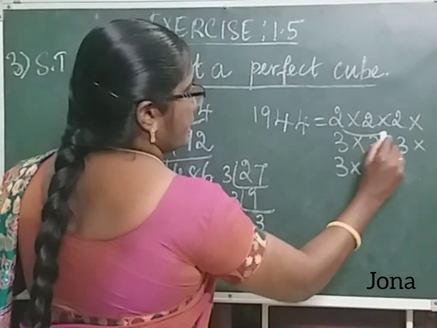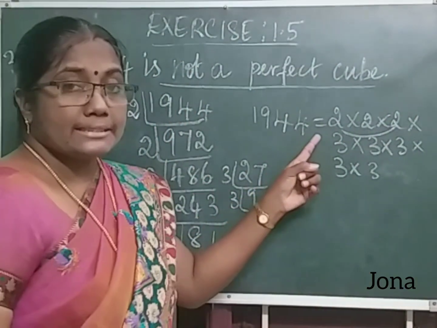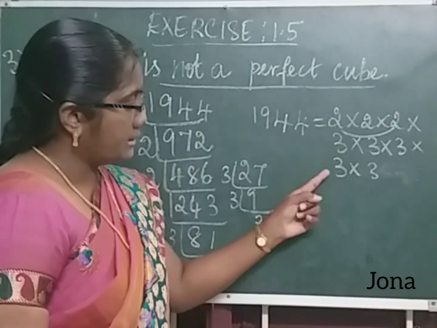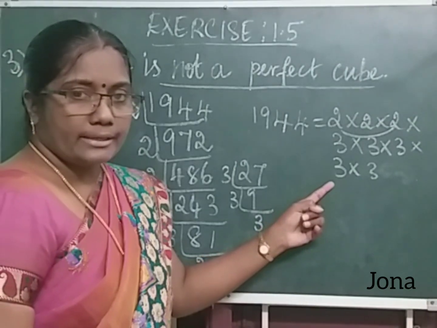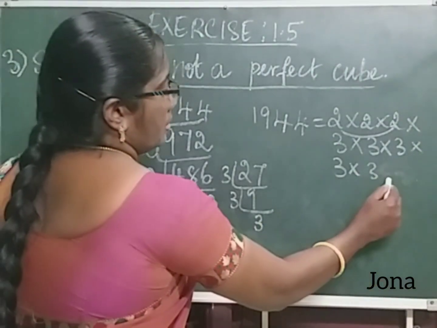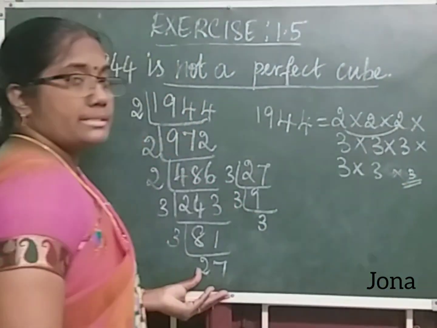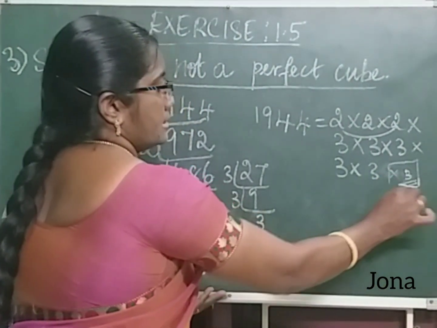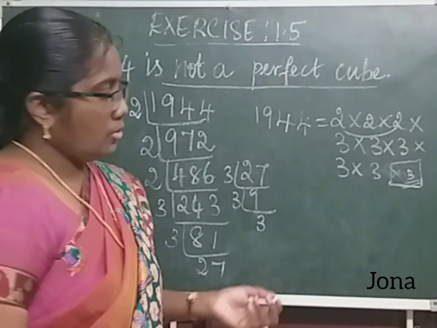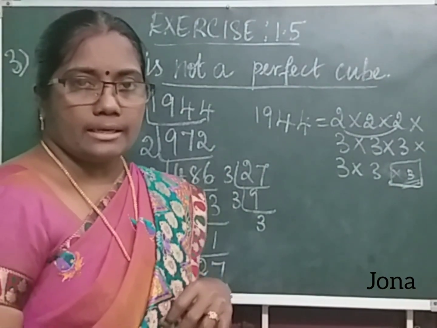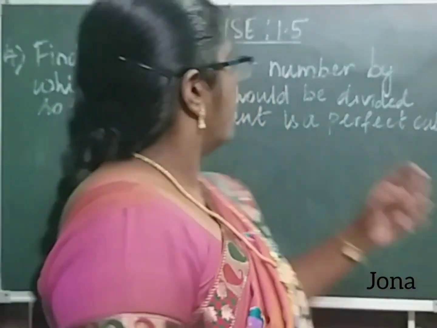For these, the 2s form a triplet and three 3s form a triplet. But the remaining 3s are not a triplet. So one 3 is missing here, so we don't have a full triplet. So this is not a perfect cube. Do you understand that?